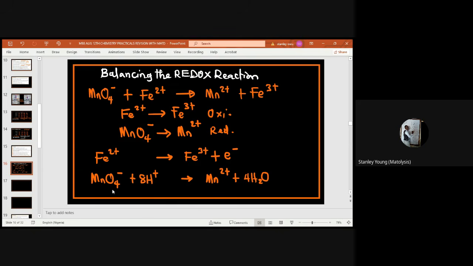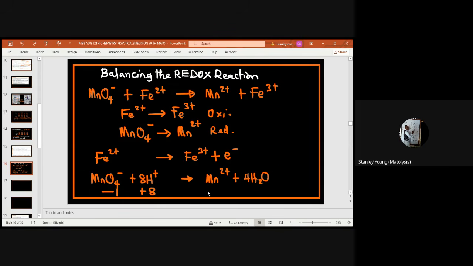So what's the total charge here? On this, I have -1. On this, I have 8 times +1, which is +8. When you cumulate that together, -1 and +8, that's +7 in total. Then I have +7 on the left hand in total, right? Let me rewrite it the way it was before so that you can get the gist properly.